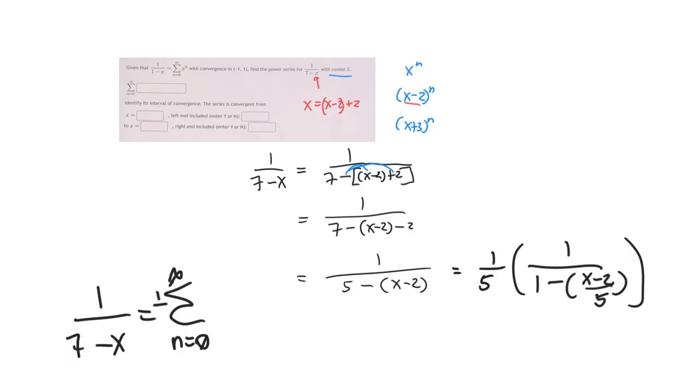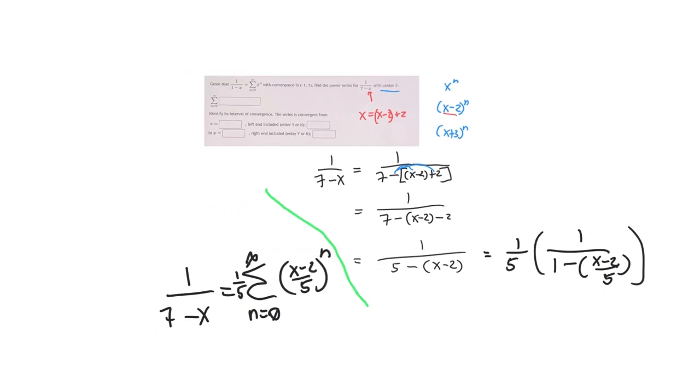We could leave the 1/5 outside. It would be equal to this raised to the n, x minus 2 over 5, right? Okay. Yeah, there we go. So once again, we have the r represented here.